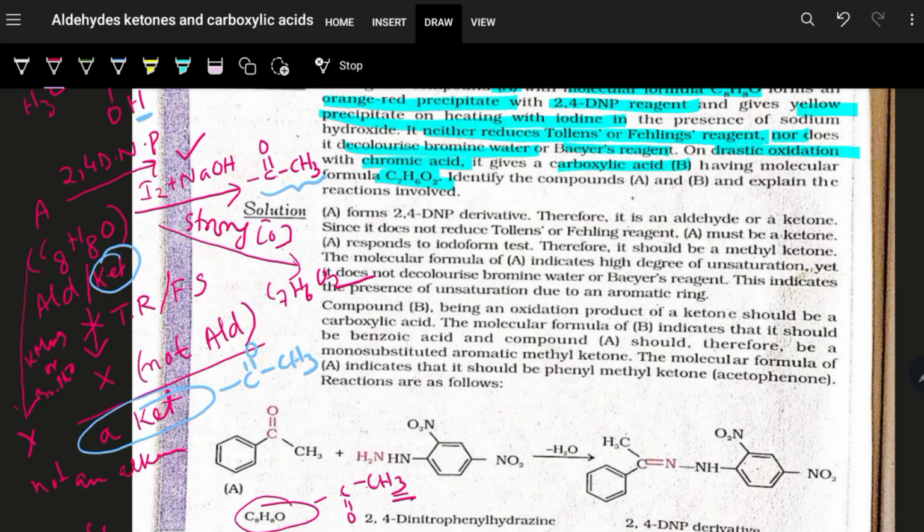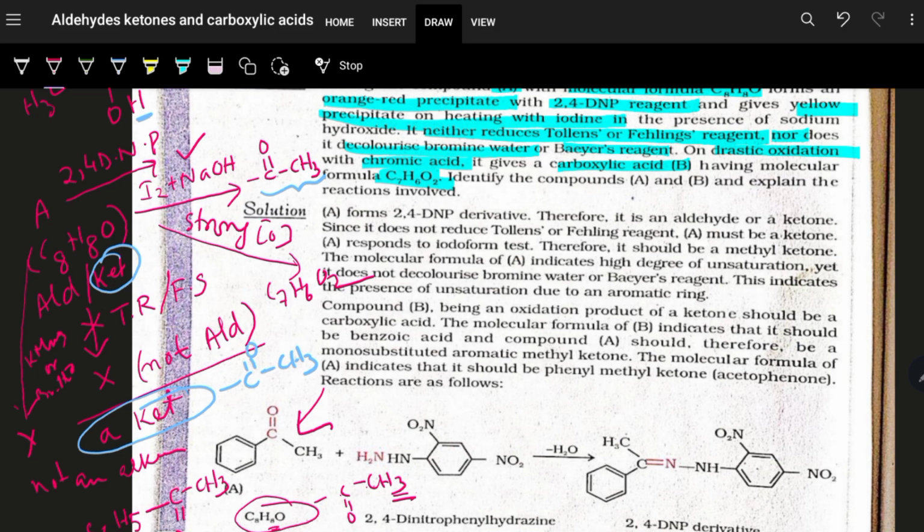H3 is over here, so 8 minus 3 gives H5. Oxygen is getting removed. So it is C6H5COCH3. So acetophenone is the compound.